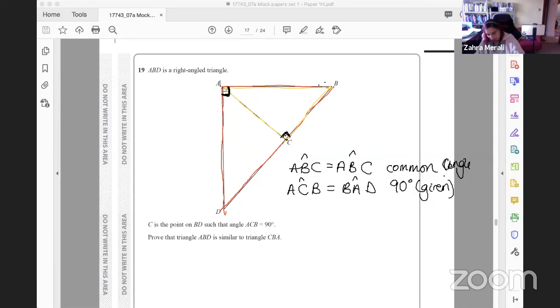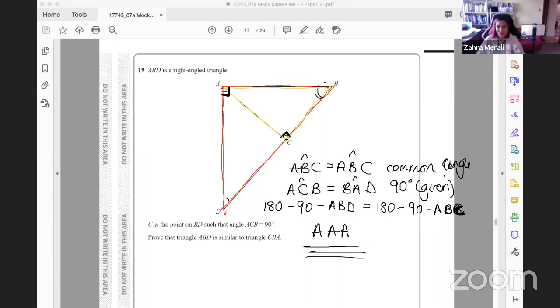We've got two angles which are the same, and we want to prove the final angle is also the same. This one is the same as this one, which makes sense because 180 minus 90 minus ABD must be the same as 180 minus 90 minus ABC, even, sorry. So then we've got angle, angle, angle.